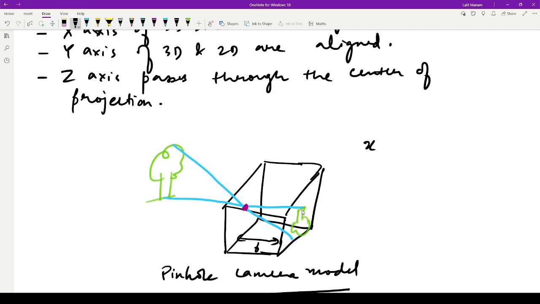So if this is x and this is y, and you take this to be z, wherever the point x is projected, for instance this point will project here, on the opposite side.